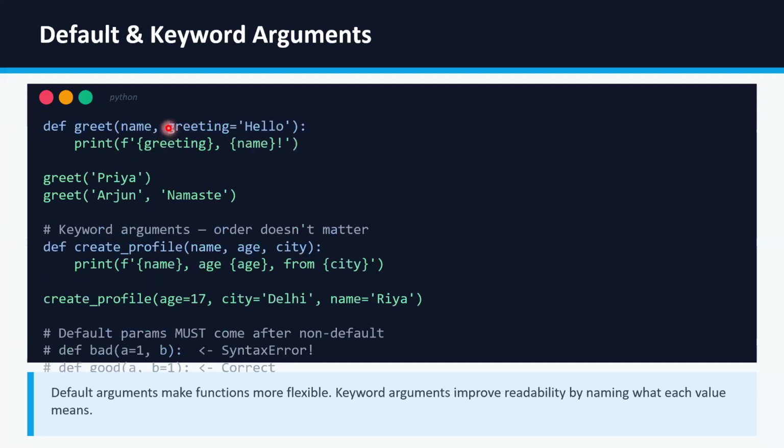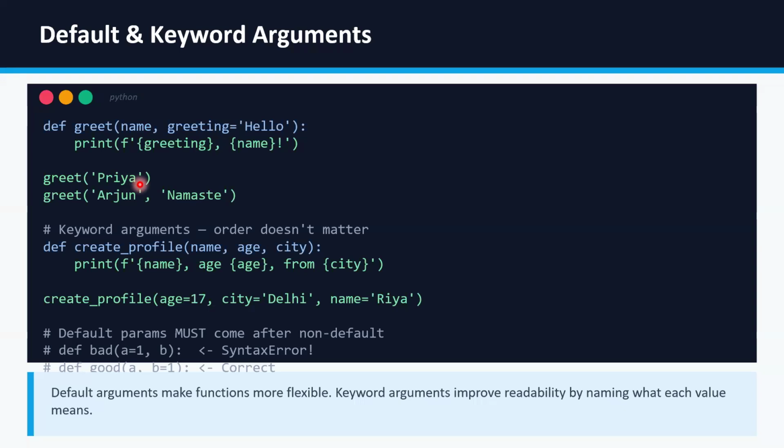But in this case, for this other parameter, we are assigning a default value, hello, to the greeting parameter. So print f greeting comma name. Now you call the function greet Priya. How many parameters are there? Two, name and greeting. But here we are passing only one argument, Priya.